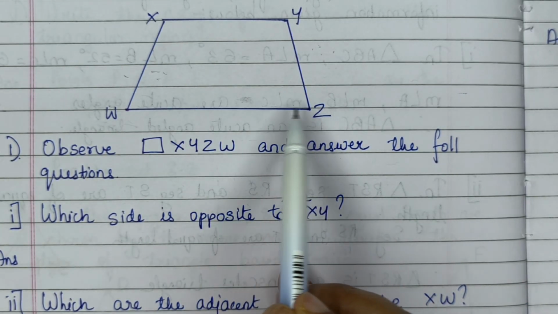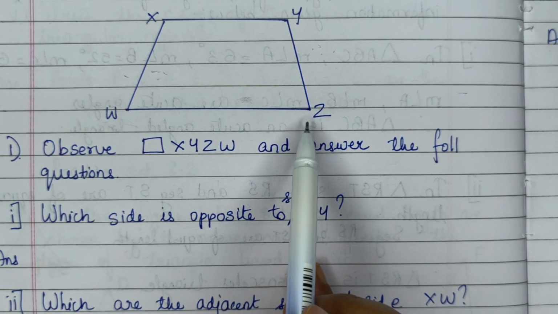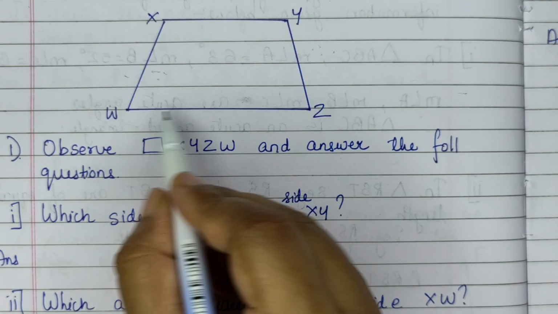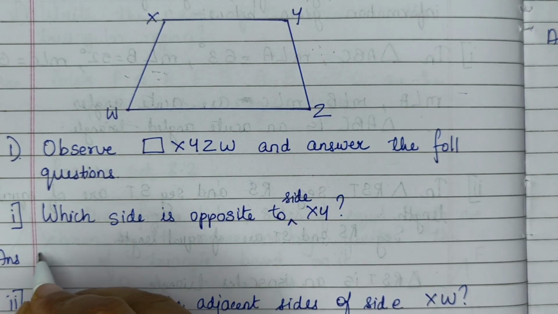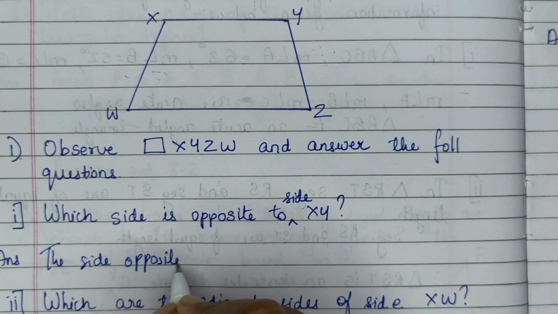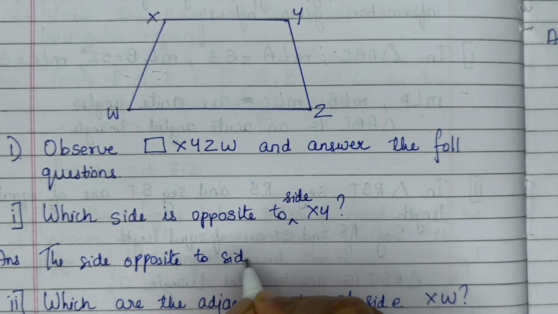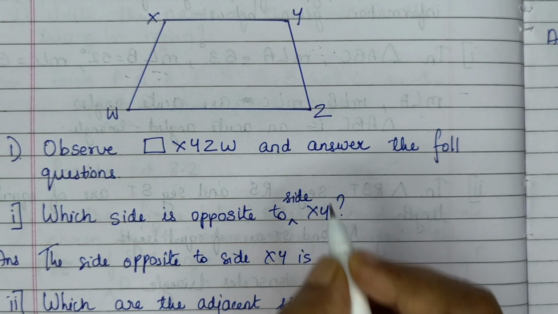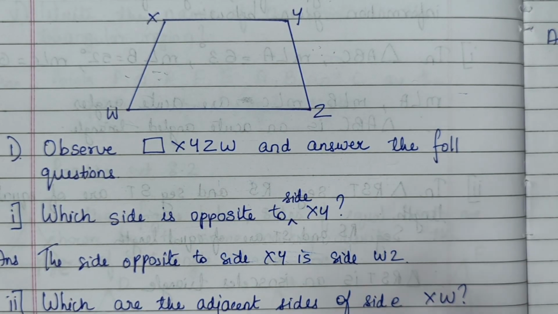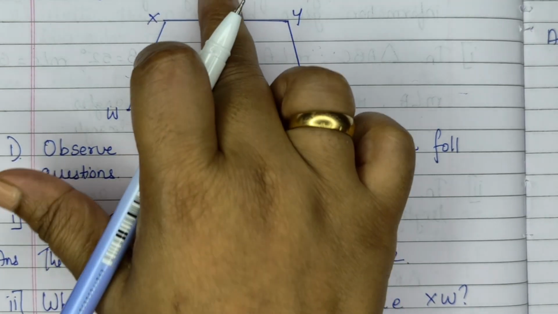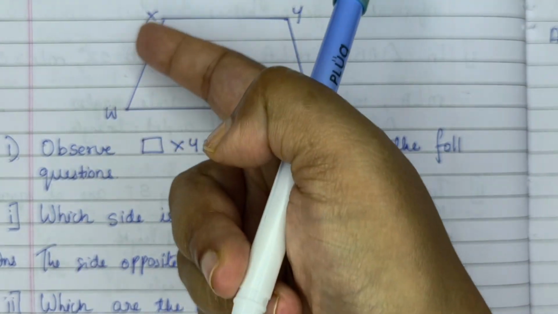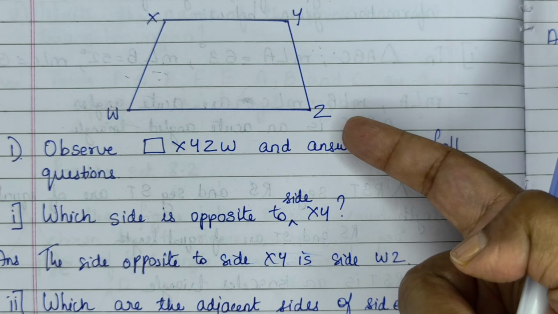Opposite to XY is WZ. Understood the first one? See, opposite to this one is this. If they say which side is opposite to XW, which side is opposite? YZ. Understood?